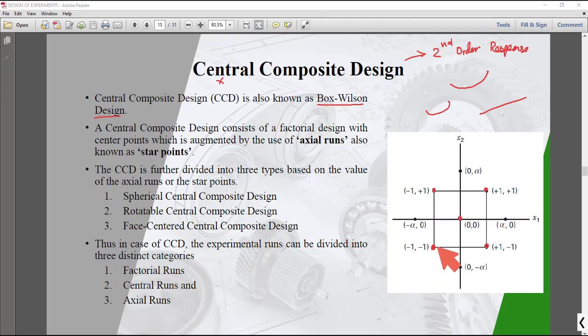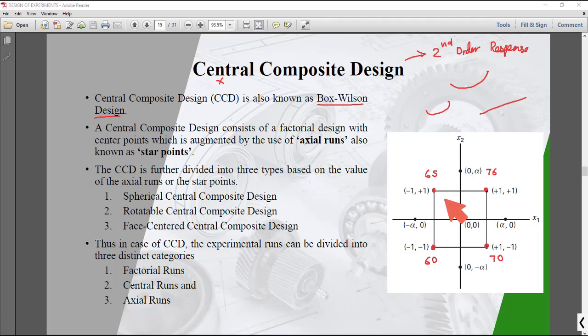Let us imagine that the output over here is 60, over here 70, over here 65, and over here 76.